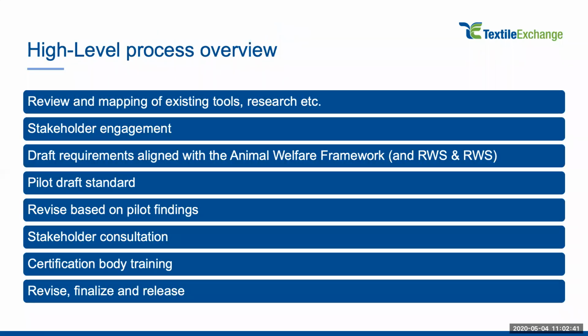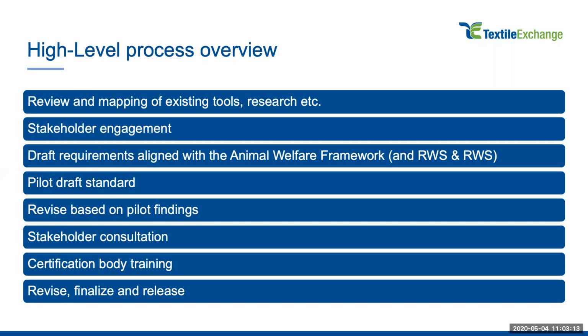So we've got a high-level overview of the process that we're going to go through. As we're developing a standard to sit alongside our existing standards, the approach that we're taking is a little bit different to our normal standard development process, but the flow is pretty much the same. So we're in the very early stages of the research and initial stakeholder engagement. And we've just started the work of drafting the requirements that align with this animal welfare framework.